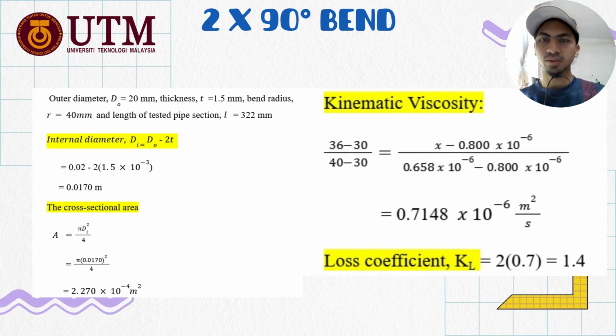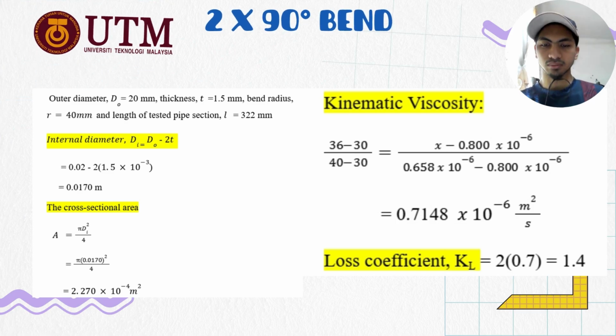And lastly, we have the 2 times 90-degree bend. Here also the same formula for the internal diameter, cross-sectional area, and kinematic velocity, but the difference is the loss coefficient KL. It's 2 times 0.7 for one 90 bend. So here we have 2, so we multiply by 2, and we get 1.4 for the loss coefficient KL.